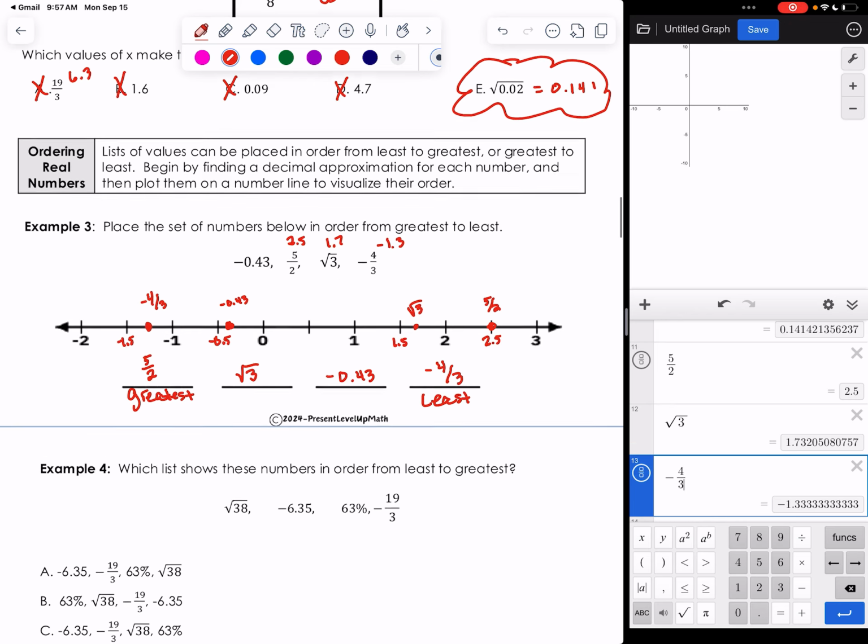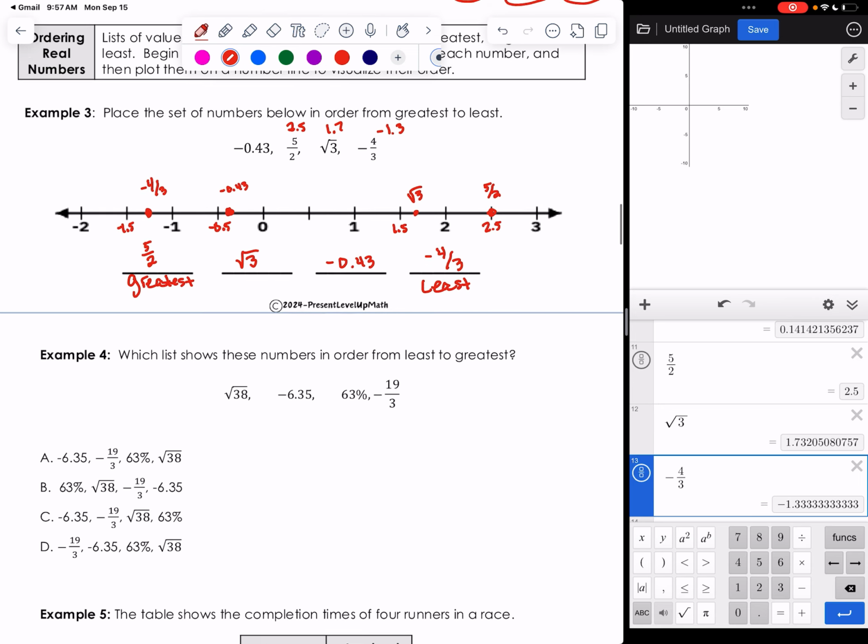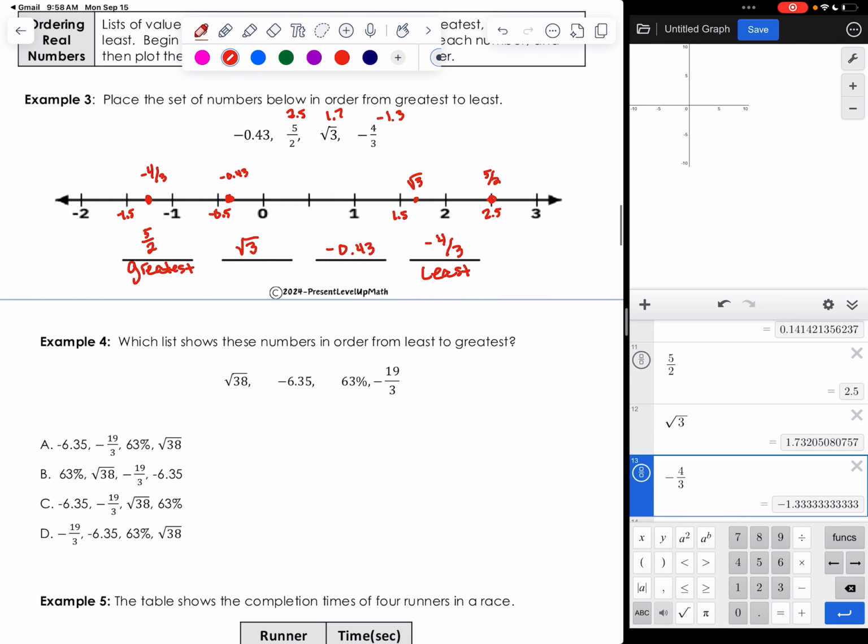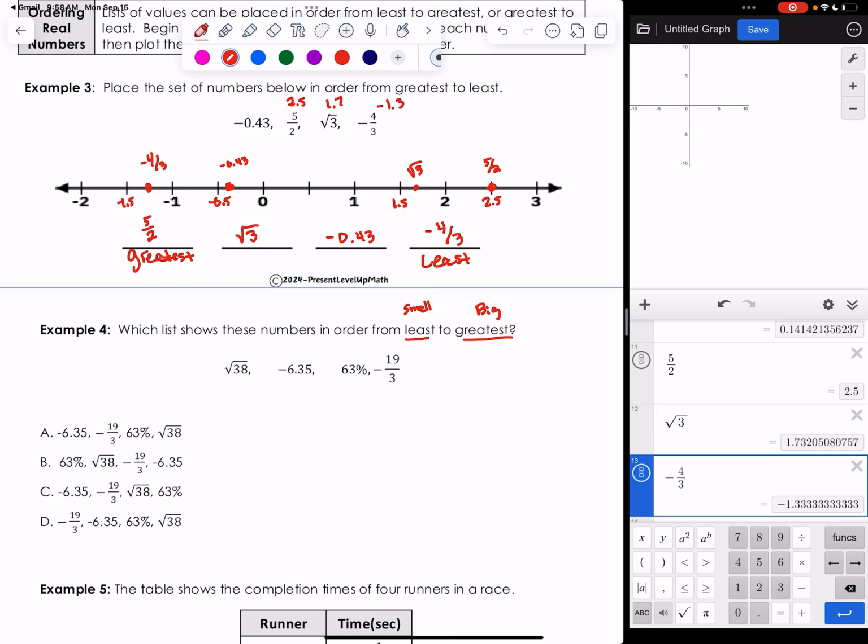All right, example 4. Which list shows these numbers in order from least to greatest? So small to big. Again, the first thing you want to do is get a decimal approximation for each number. So we have square root 38, and that would be approximately 6.2.